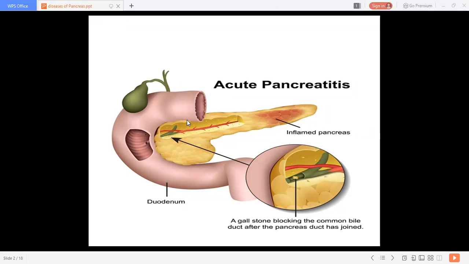So naturally there is blockage, and due to pancreatic duct obstruction, this pathology arises. It is one of the causes of acute pancreatitis. Here you can see gallstones blocking this pancreatic duct, which causes pancreatitis. Here you can see the inflammation.